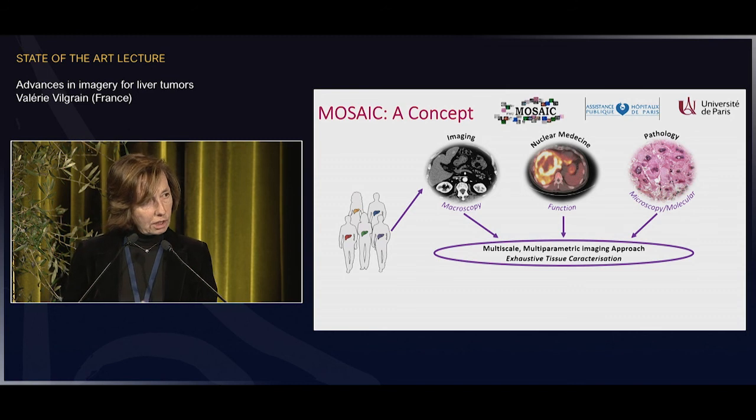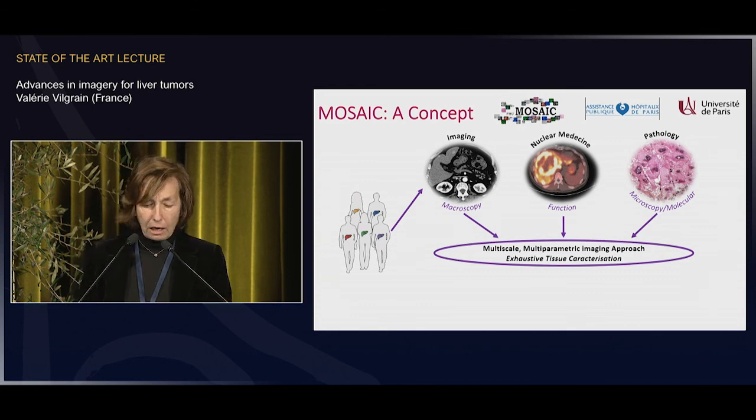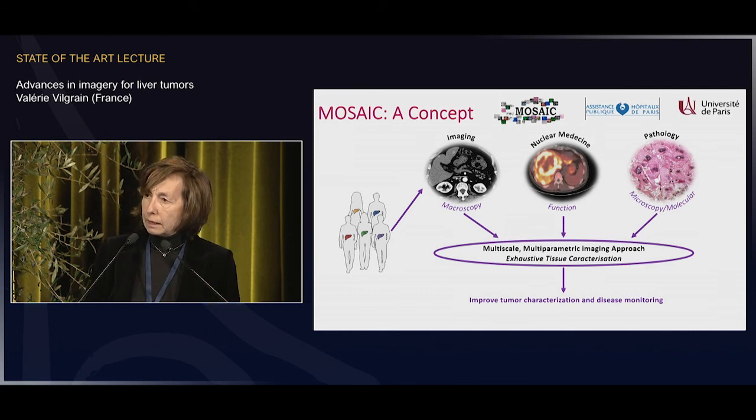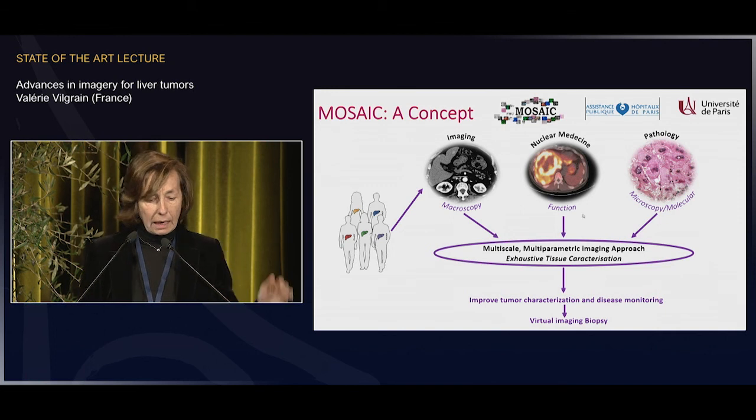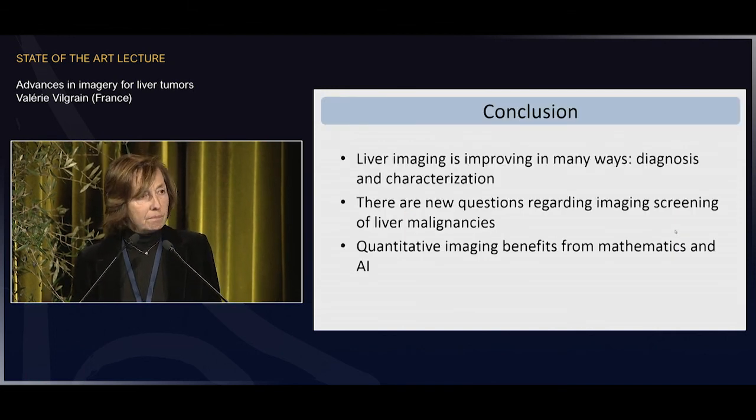This is a project that we have submitted and that was recently accepted, the FHU with Valérie Paradis, in order to improve tumor characterization and disease monitoring, help in prognostication, and really get a virtual imaging biopsy by adding a piece of information at all these different levels. And with that, I would like to conclude.